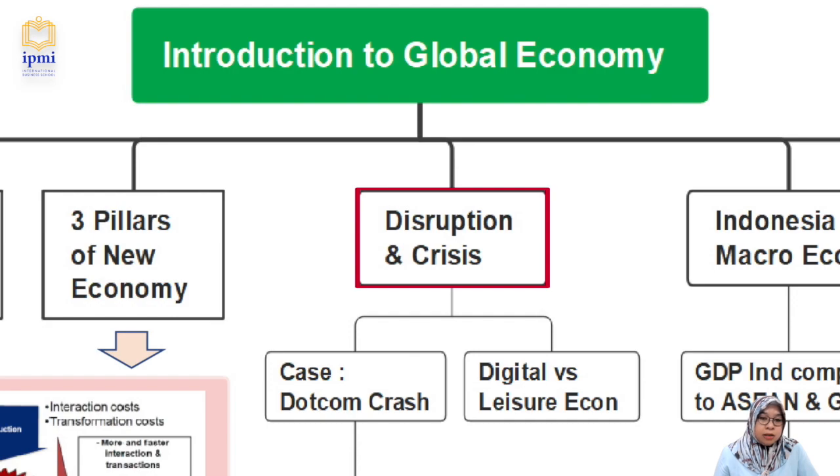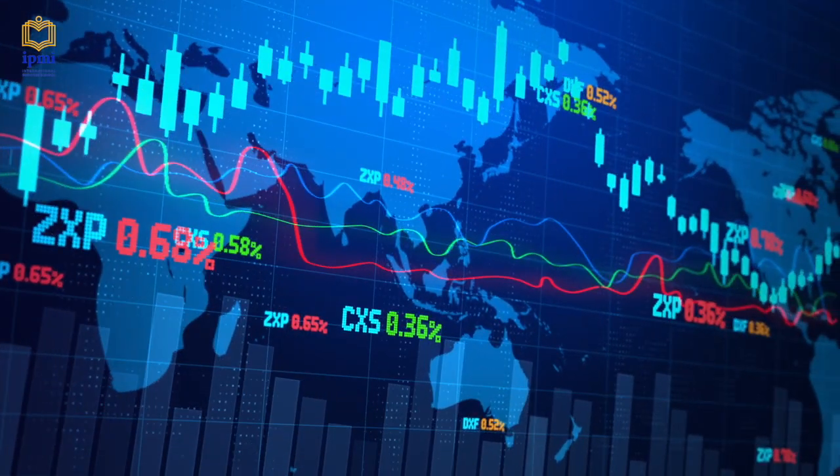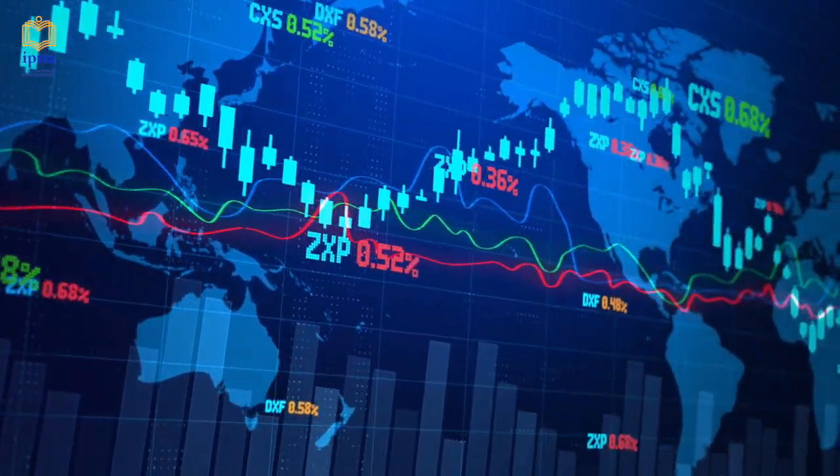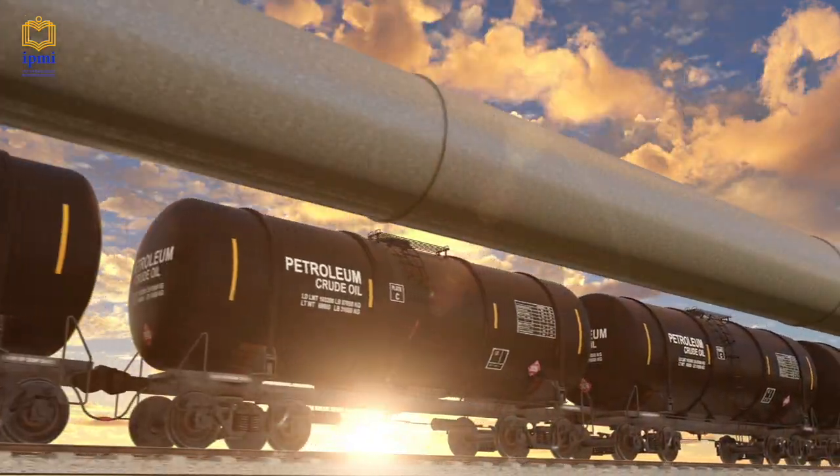While the dot-com crash of 2000 was a financial disturbance caused by the failure of internet-based businesses, these companies' overvaluation created a bubble that later burst, resulting in severe job losses and bankruptcies. And in 2015, the Russia-Ukraine war impacted the global economy by affecting international trade and energy supplies. The West's sanctions against Russia had an impact on global oil prices and trade flows.